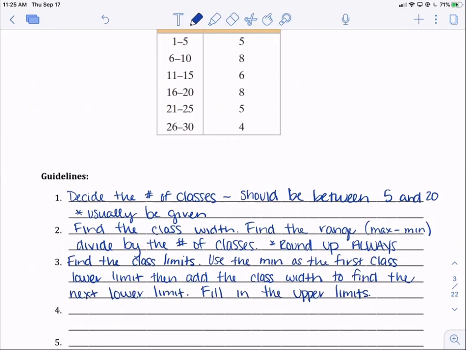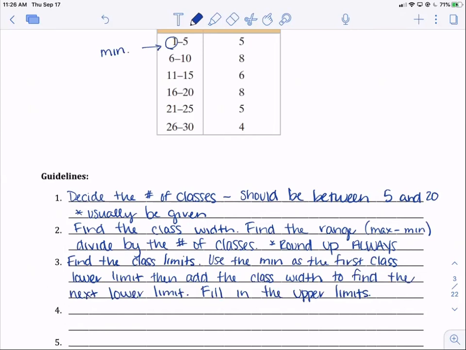So if we look at our example, what's our minimum? What's our first lower class limit? I just circled it. What number did I circle? 1. So that's our minimum. Okay.